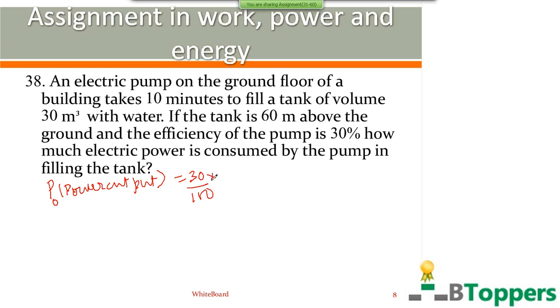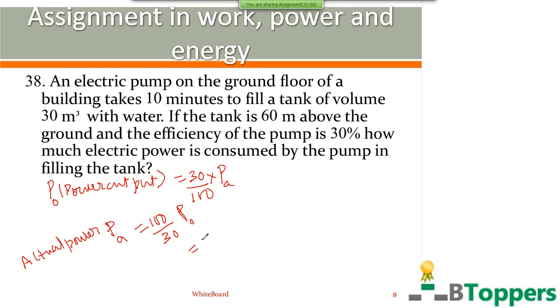That is 30 by 100 times the actual power, denoted by P subscript A. So the actual power required is 100 by 30 times the power output. P subscript O is the power output.